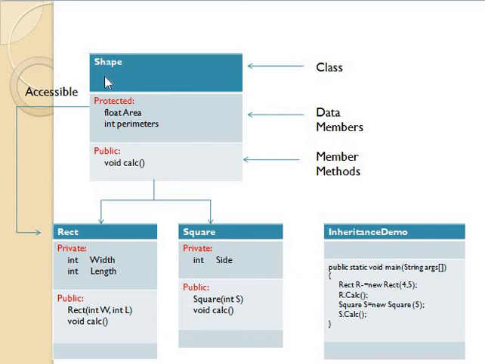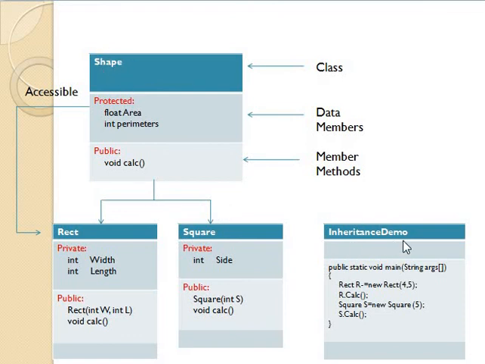Now these three classes, that is shape, rect and square, are in a way connected with each other. This is because the classes rect and square inherit the properties of the class shape, and that's why the classes rect and square are the derived classes for the base class shape.